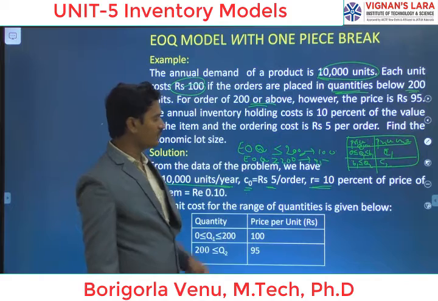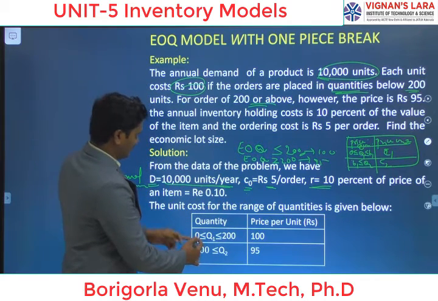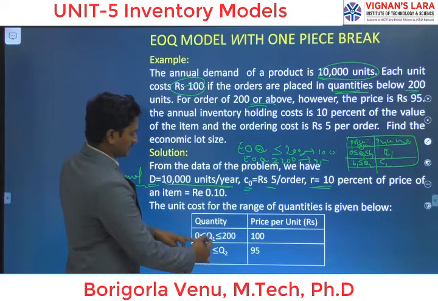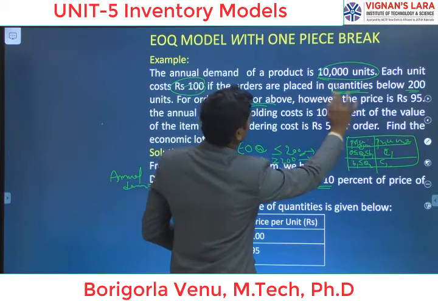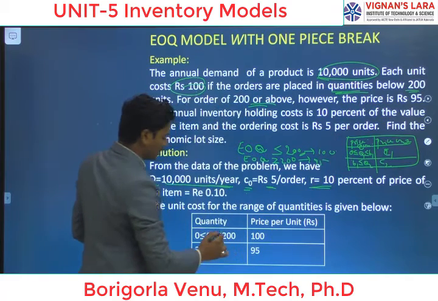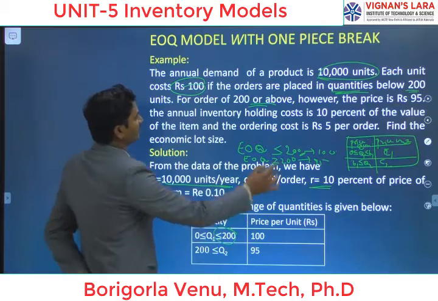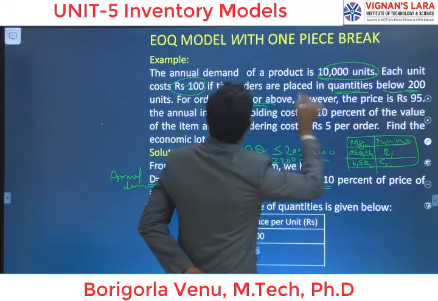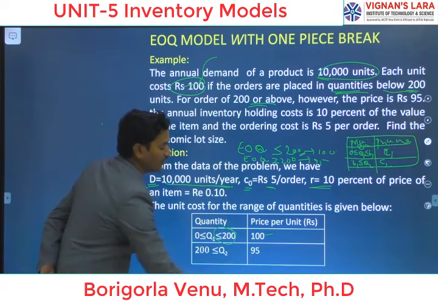As per this table we write this problem. The quantity is 0 less than or equal to Q1 less than or equal to 200, because they are given as orders placed in quantities below 200. The price per unit for this is 100.